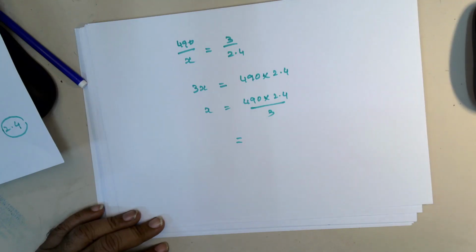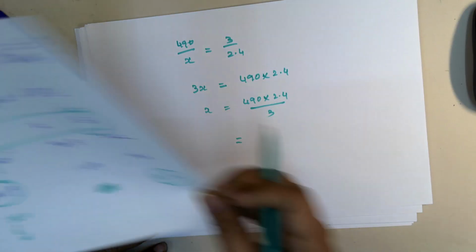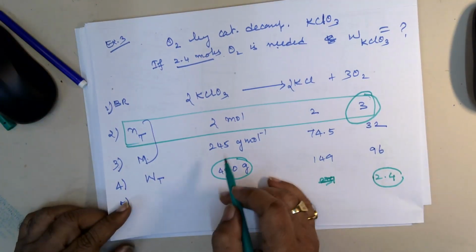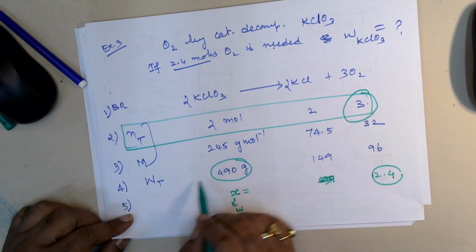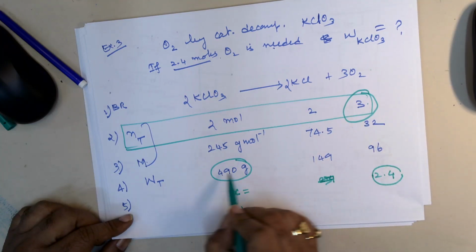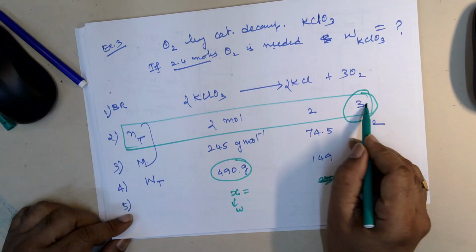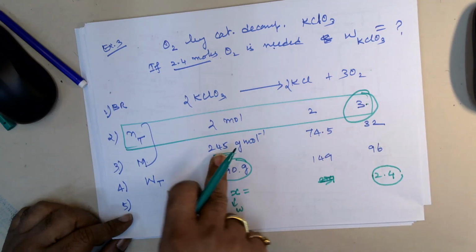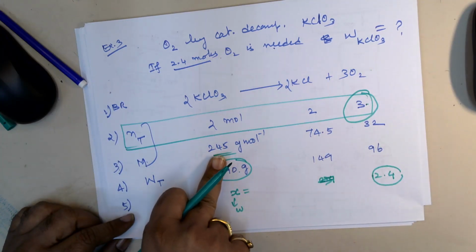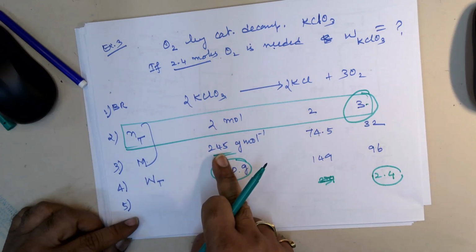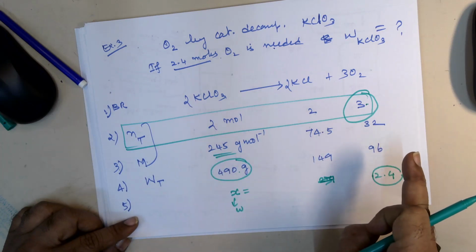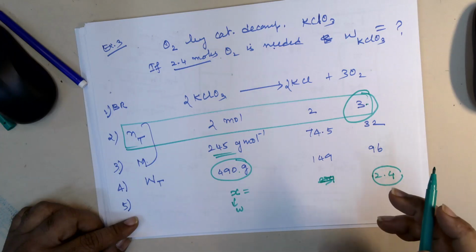392? I'm sorry, just a minute. Here, wait. We have got the weight for 3 moles, because this is the theoretical weight. But for 3 moles, the requirement is 245, because by taking 245 you are able to get what? How much?